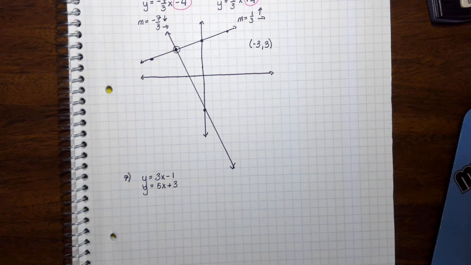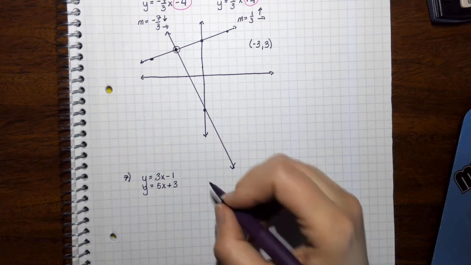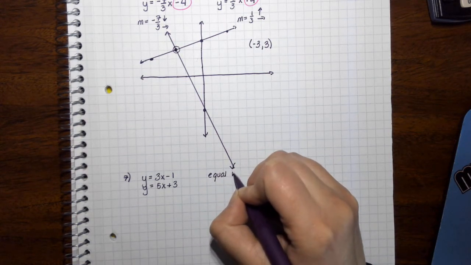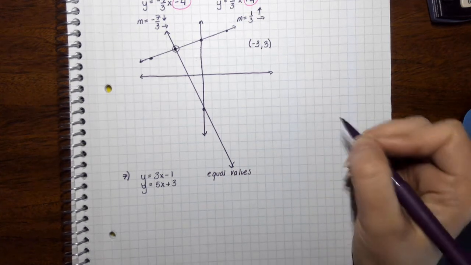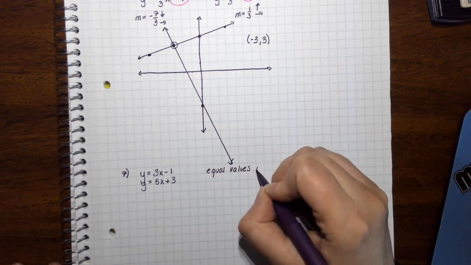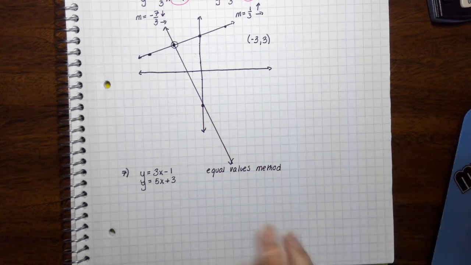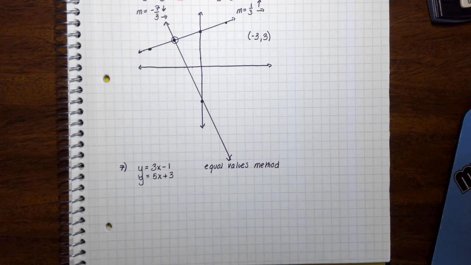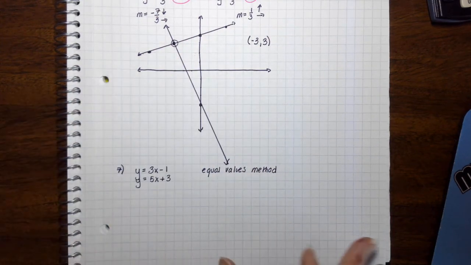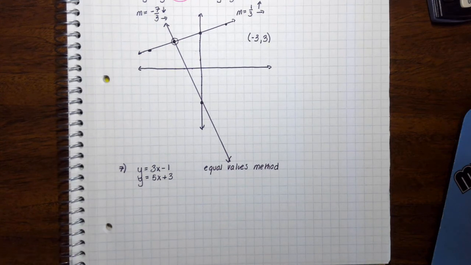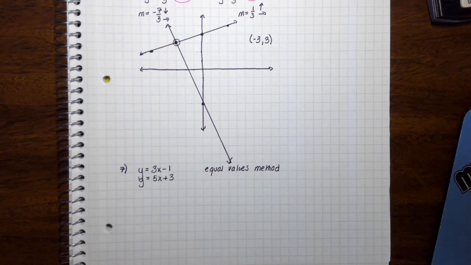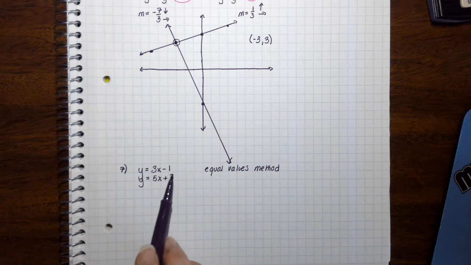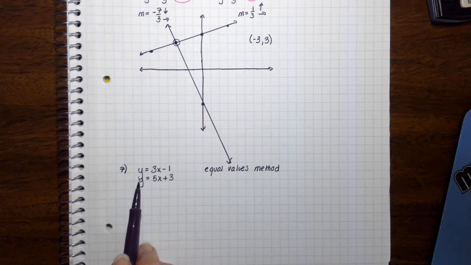Okay. Equal values method is one of the best ways to solve a system if you can, because it is very clear and it doesn't require a large amount of graphing, or any graphing actually. So it's one of my favorites. What you want to do is notice that the first equation is equal to y and the second equation is equal to y.